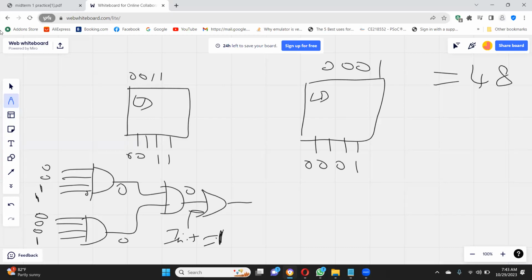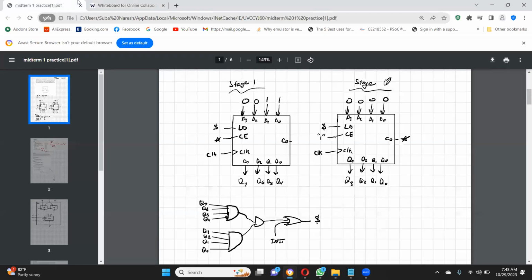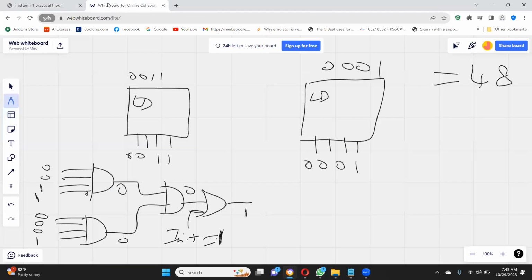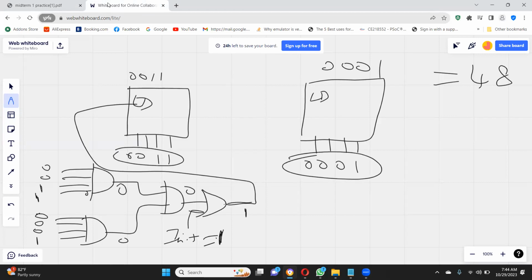So it will come here, and 1 is given to load. That is why there is an output here. So initially, whatever you input, the output will be this, right?